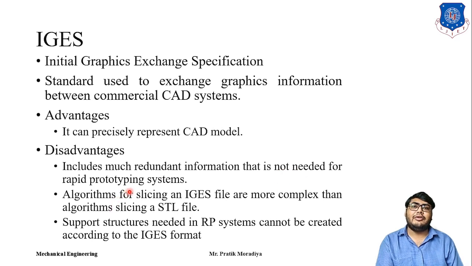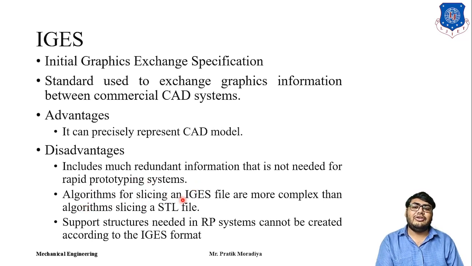It might be helpful for other CAD applications. For example, data about the color, data about the geometric topology, data about the mass, data about the material. All this information will be there in IGES. But when we are doing rapid prototyping, that information is not needed by us, so it will be redundant information, and it will be an extra burden on the software when we are processing an IGES file. So that is a disadvantage of the IGES file.